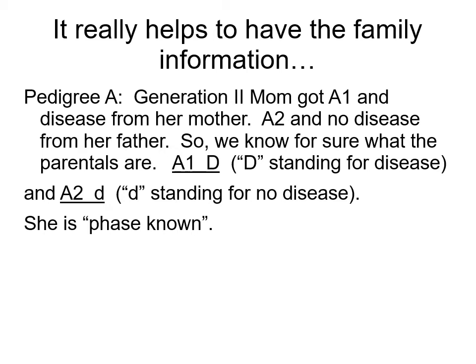The underline indicates that those two are linked loci and they're linked with those two alleles on that particular homolog. The other parental, again, is going to be underlined, and that's A2 and little d, standing for no disease. So she's phase known, meaning we know the relationship between the A and the disease, which A allele and which disease. So that's a standard nomenclature for this.